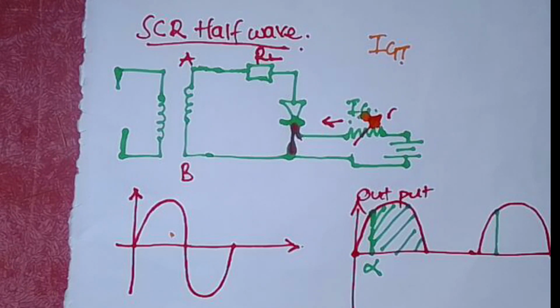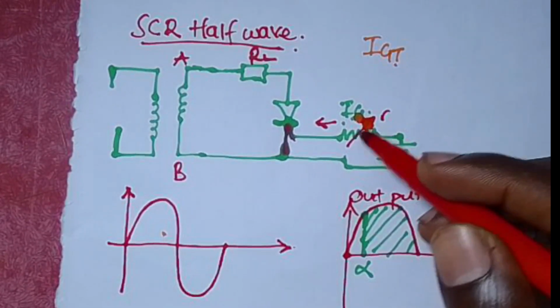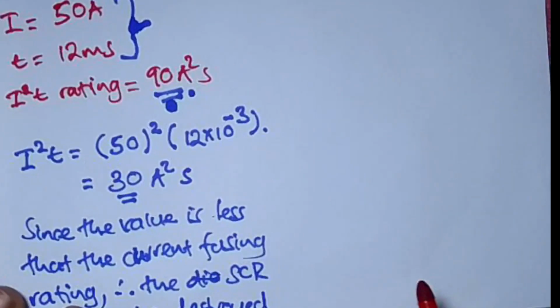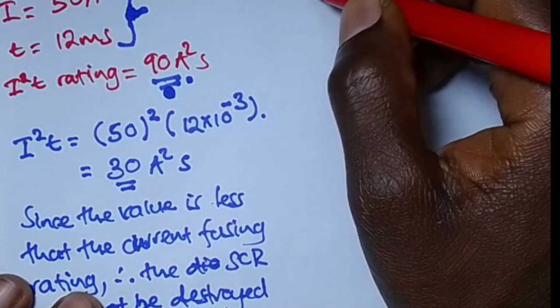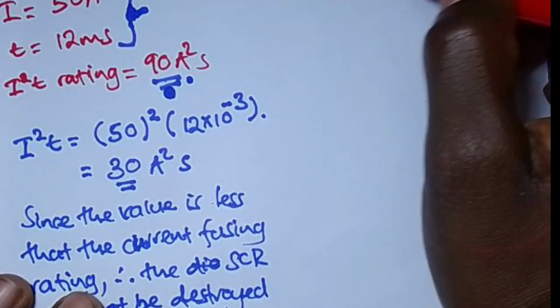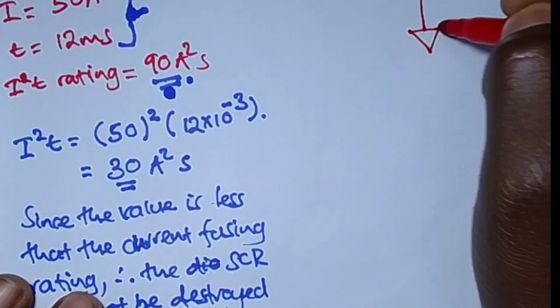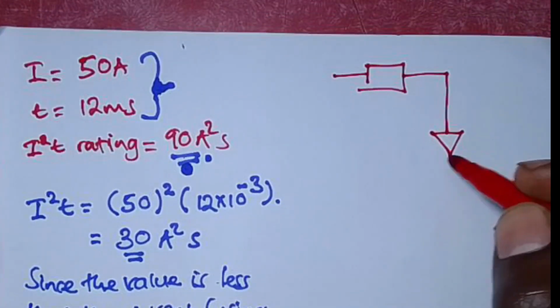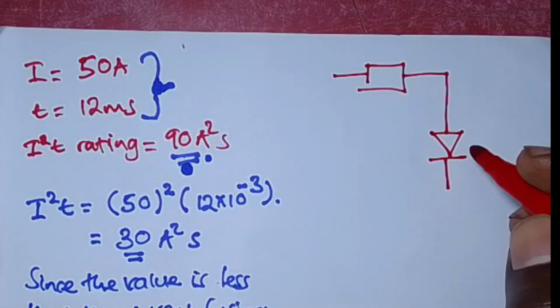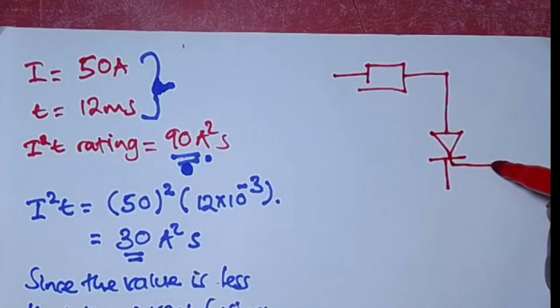Yes, that is exactly what I'm trying to mean. When I vary this resistor here, sorry, my diagram has become so foggy. Once I vary that resistor, I will be varying the voltage at which this device is going to be turned on.